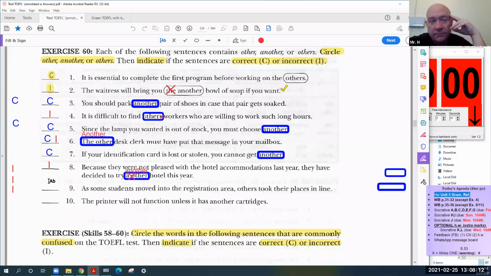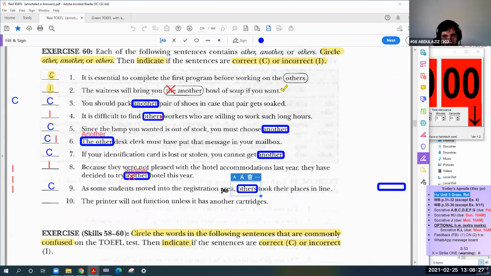Abdulaziz, how about number 9? Correct. Where do I put the circle? Others. Why? Because some students moved into the registration area, others refers to the students.